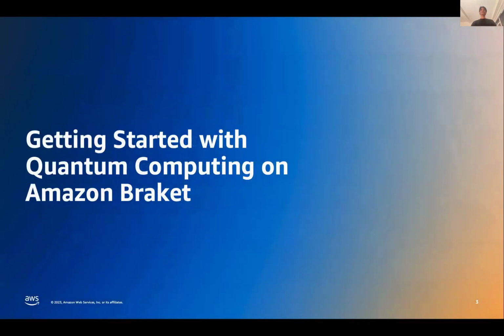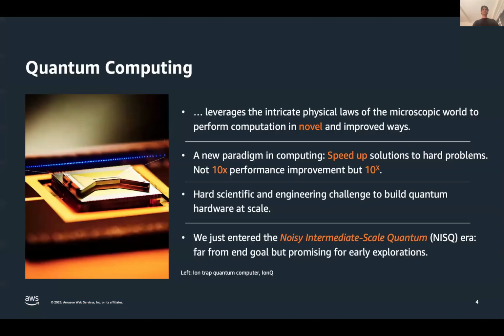Okay, so getting started with quantum computing. Quantum computing, as you already know or might have heard, is based on very intricate physical laws that govern our microscopic atomic world. And quantum computing is based on 2 basic principles, superposition and entanglement. The exciting part of quantum computing is that it's a new paradigm of computing. That is to say, the very fundamental way information is processed is different from traditional computing.